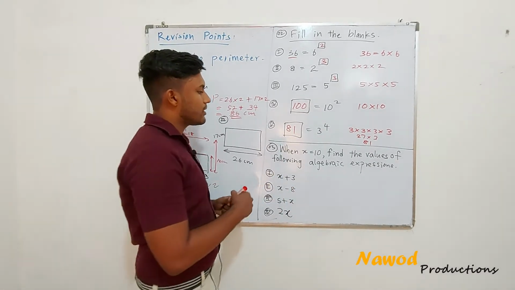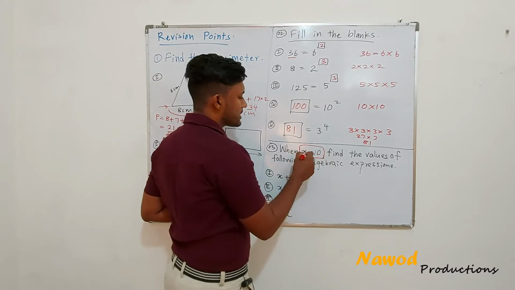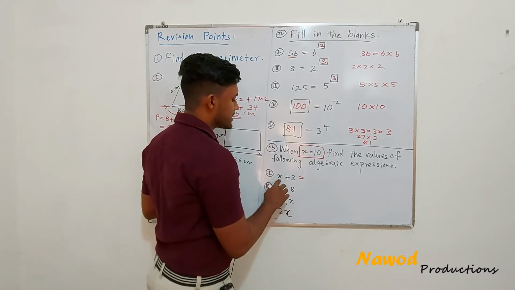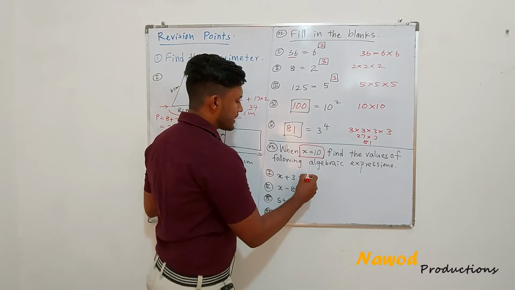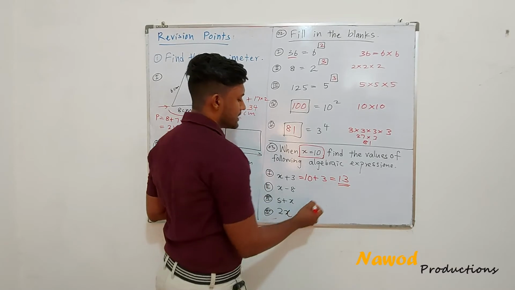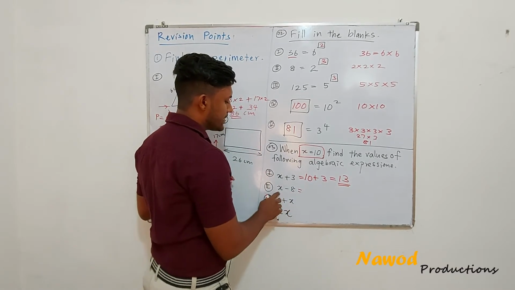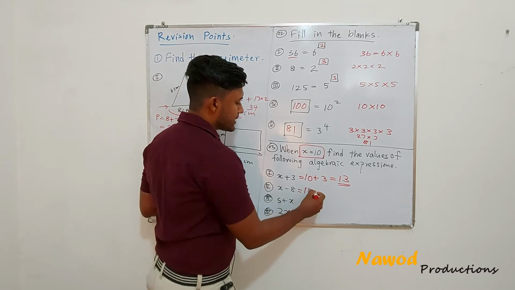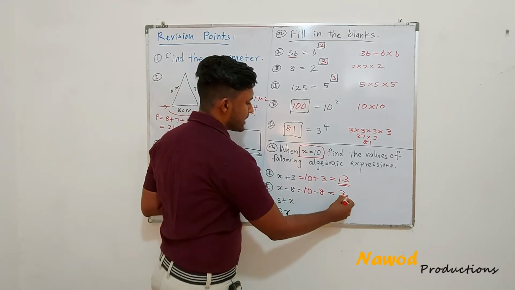Then here they have given a value for the unknown term, that means x equals 10. Here instead of x you want to put 10. 10 plus 3 is 13, 13 is the answer. Then x minus 8 means 10 minus 8, 2 is the answer.